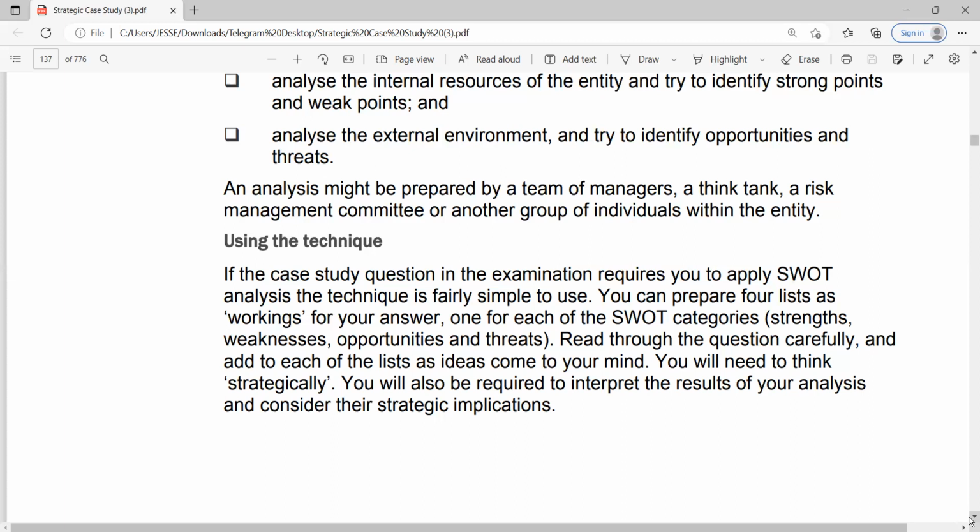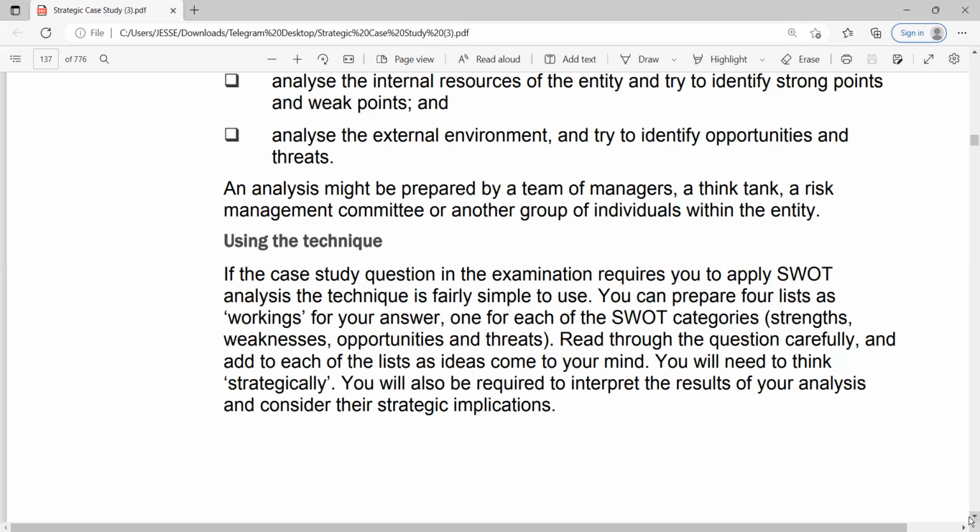You would need to think strategically, right? When you're given a case study, as you are reading through, you would have jotted down these four categories, and you write down points based on each of the categories as you read through the case.